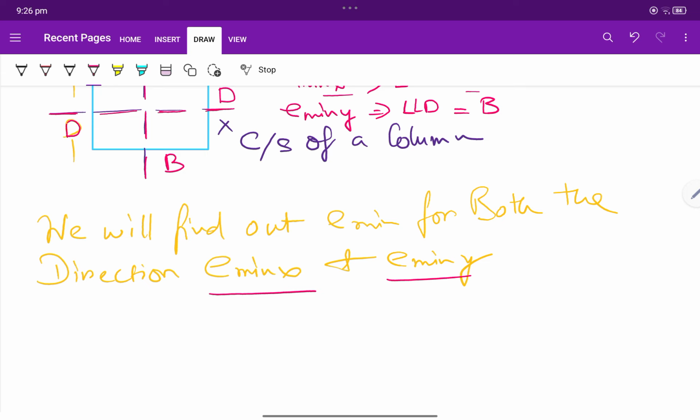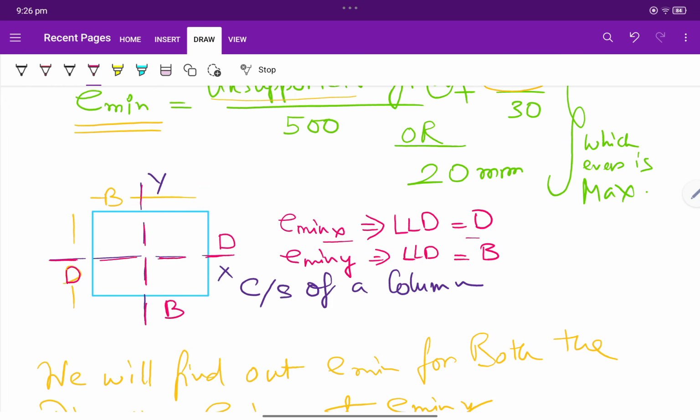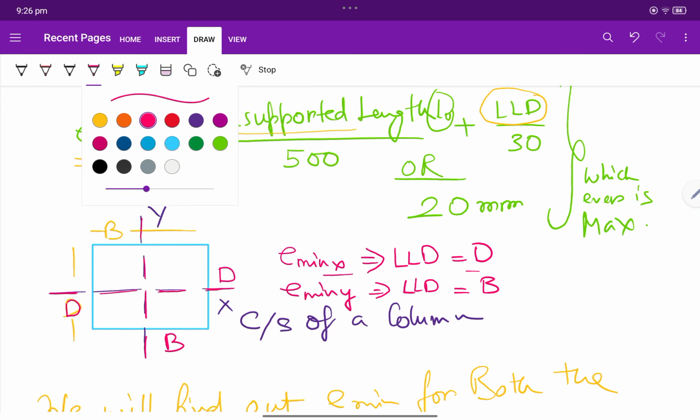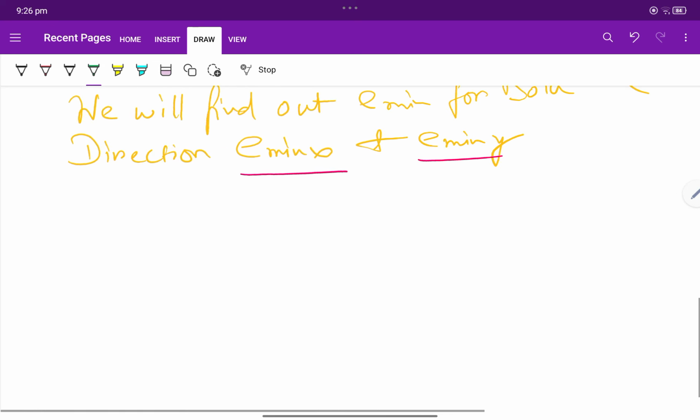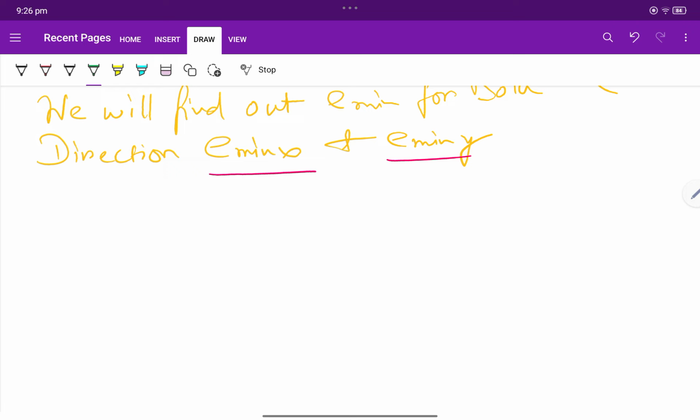Now we have to check one thing. We have calculated E minimum, but there is a clause for checking it. If this clause is valid, then only we will consider the eccentricity value. So, check for eccentricity.